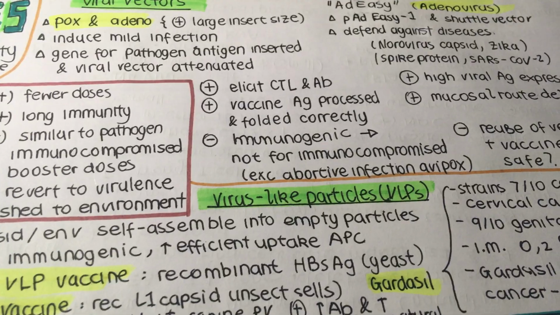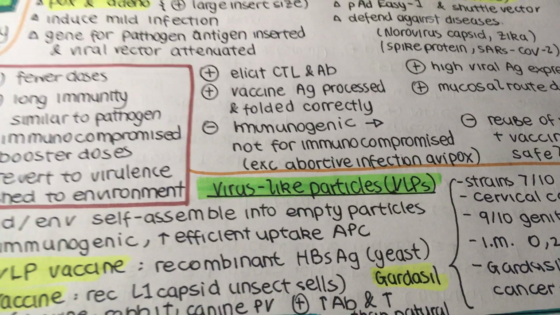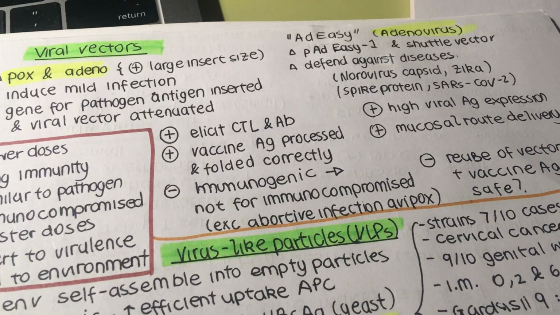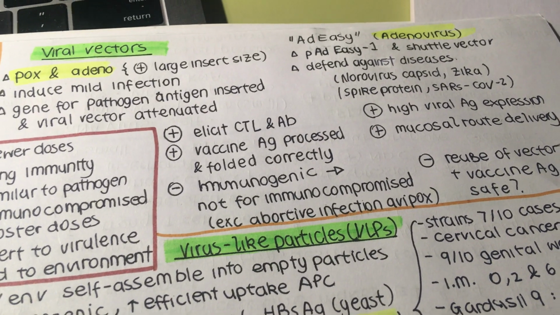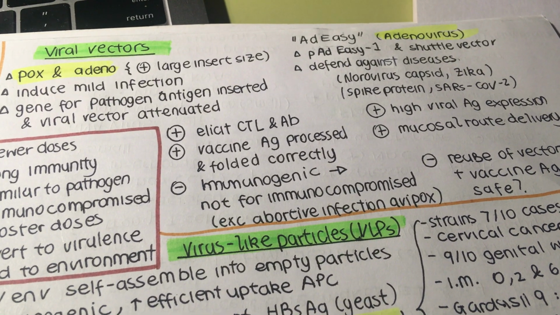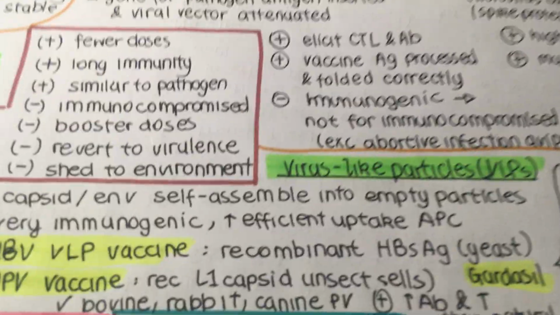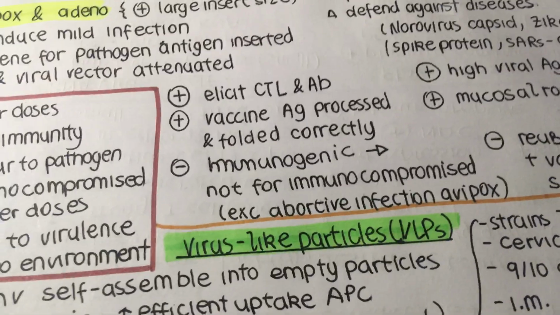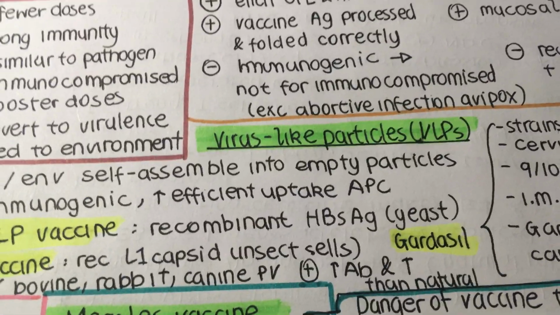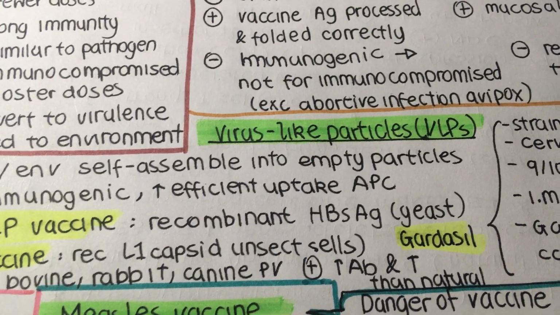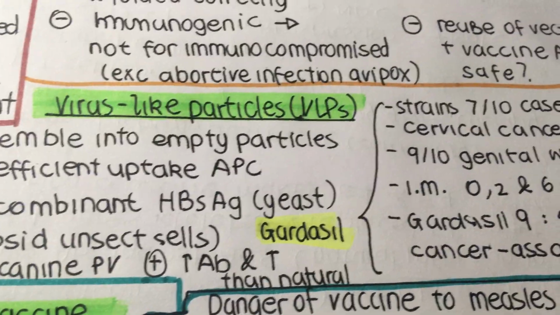And then you also have the HPV or papilloma vaccine known as Gardasil. Gardasil is useful because it uses the L1 capsid found in the papilloma virus, and this is recombined. This has been shown to induce an antibody response that is even higher than the one to natural infection.